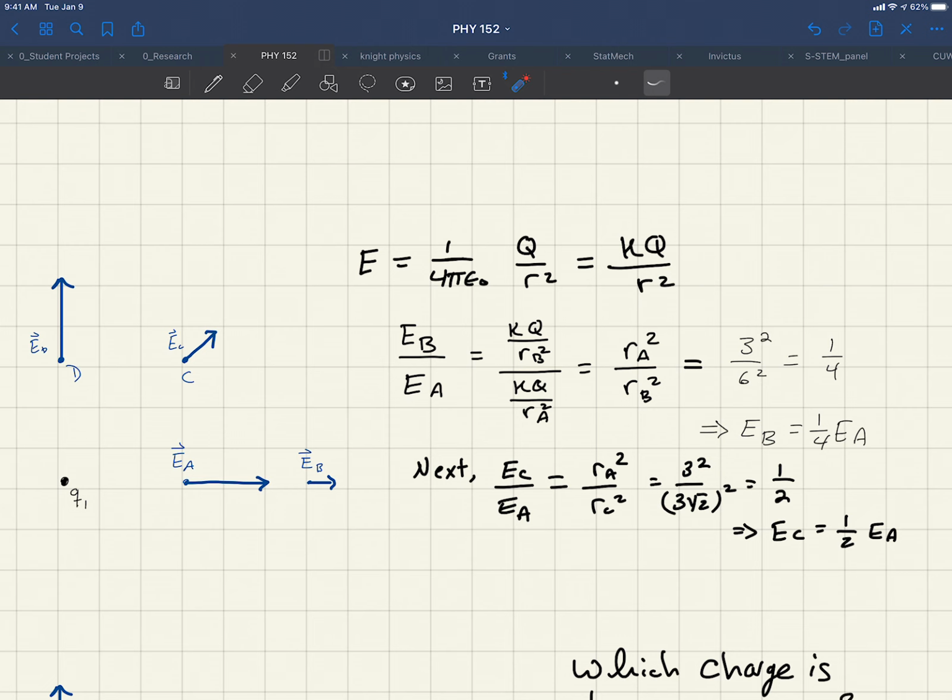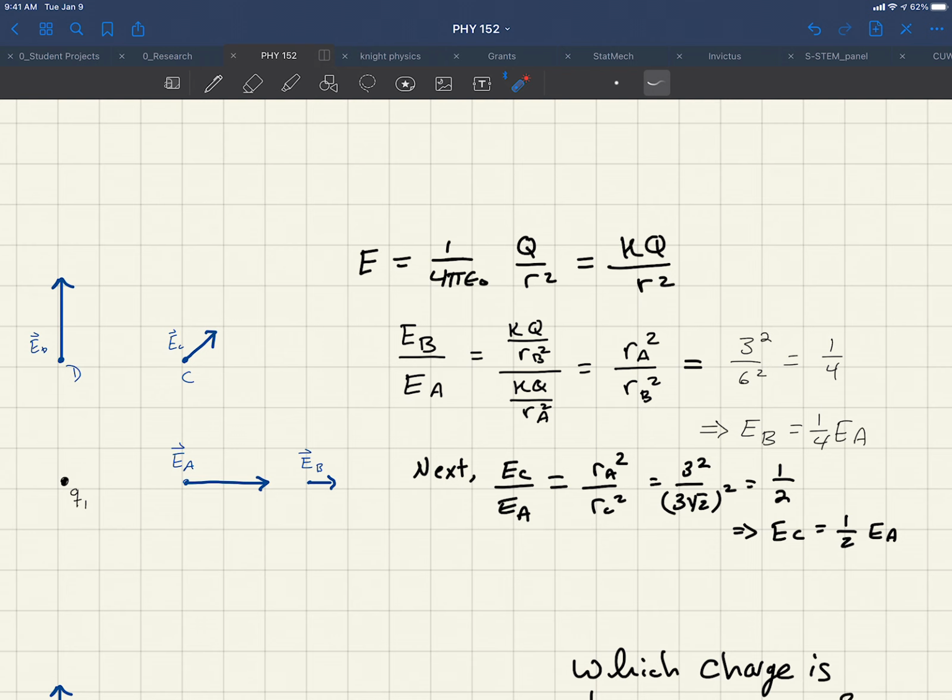Well, as it turns out, the electric field is said to be an inverse square law. It means that the strength or the length of that vector is equal to this constant term, which sometimes is called K, times the charge that's creating it, divided by the distance squared. So that's what we mean by inverse square law.